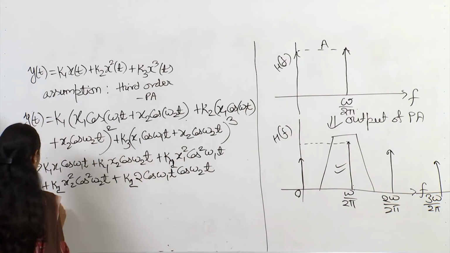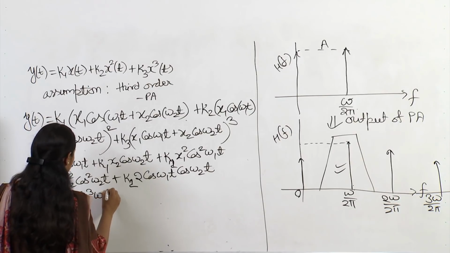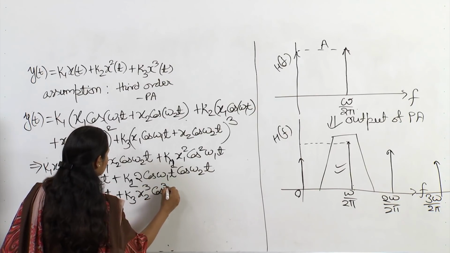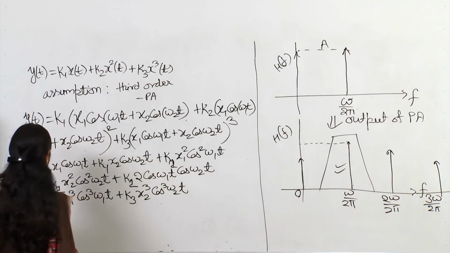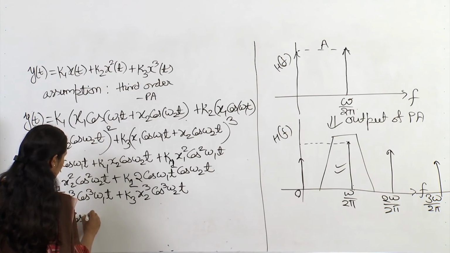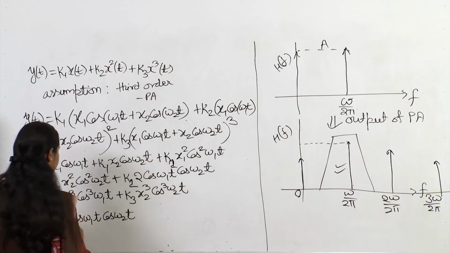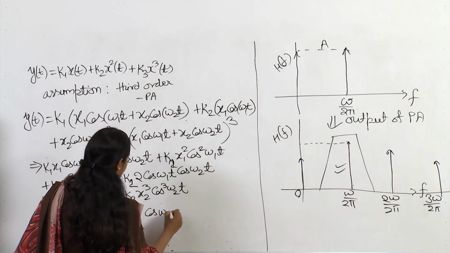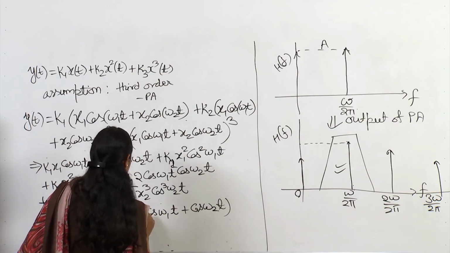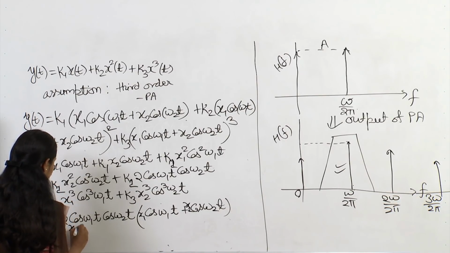Now for the third expression, k3 will be there, and it will be x1 cube cos cube omega 1t plus k3 x2 cube cos cube omega 2t plus k3 times 2 cos omega 1t cos omega 2t, and the bracket, so it has x1 here and x2, and similarly they also have x1 x2 multiplied here.